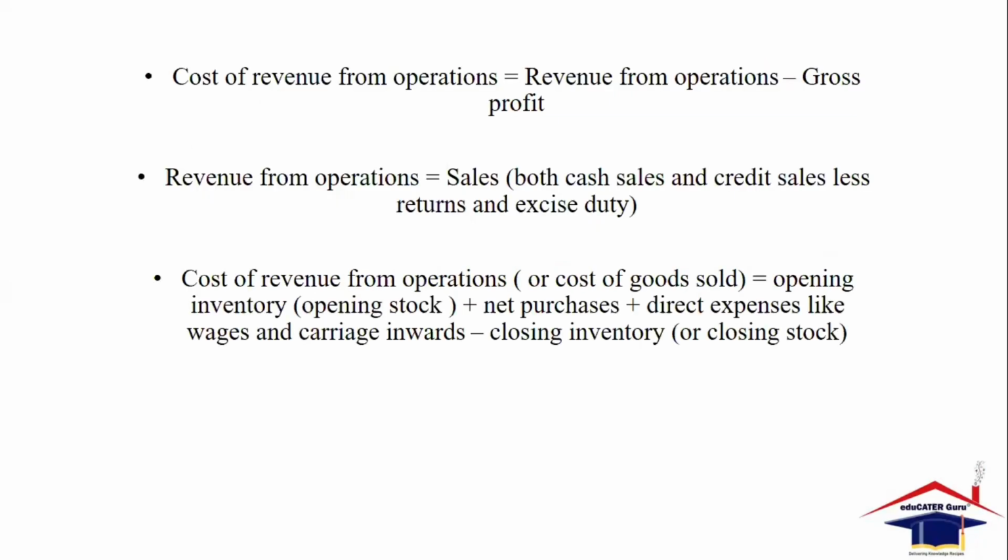Cost of revenue from operations is nothing but revenue from operations, that is the income which you have earned from the business, minus gross profit. So without gross profit, you have to consider, which is called the cost of revenue from operations. Then revenue from operations, how we will get, that is nothing but sales, which is inclusive of both cash and credit sales, but you have to deduct returns and excise duty if any.